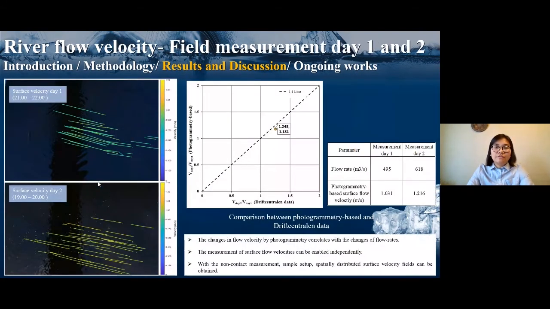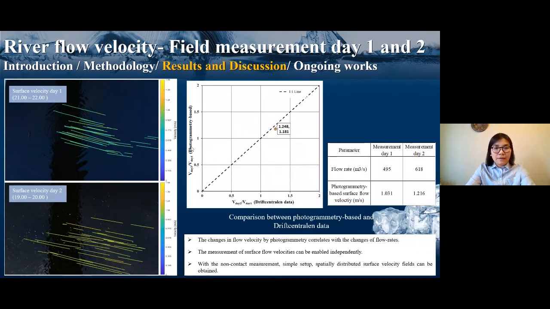And now we try to validate the photogrammetry-based approach by comparing our surface velocity data with the data of water flow by drift central data. You can see here the flow rate on day 2 is a bit larger than the water flow on day 1, and the surface velocity we get is a bit higher for day 1 than for day 2.